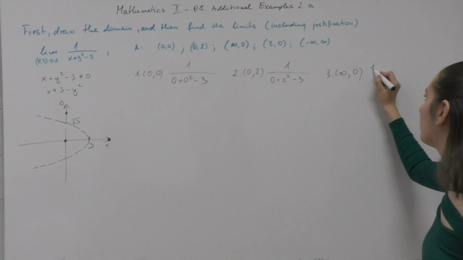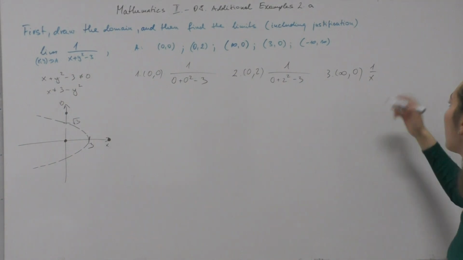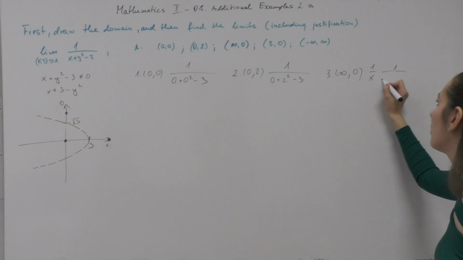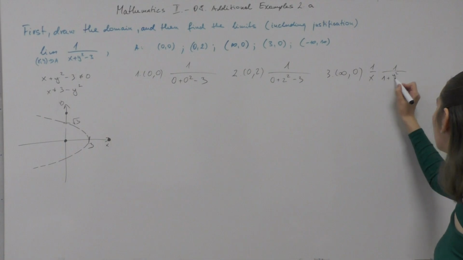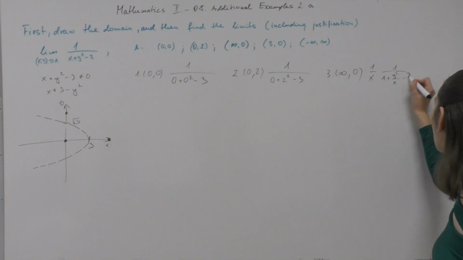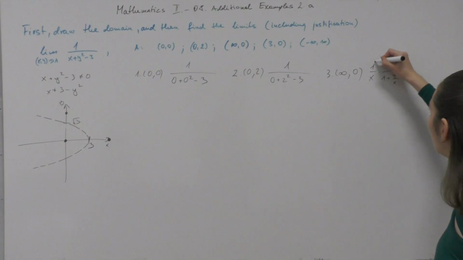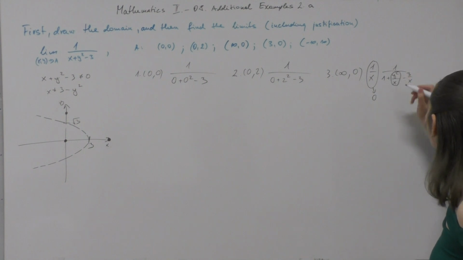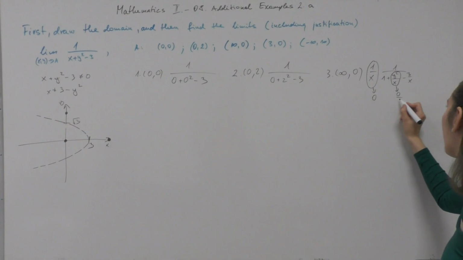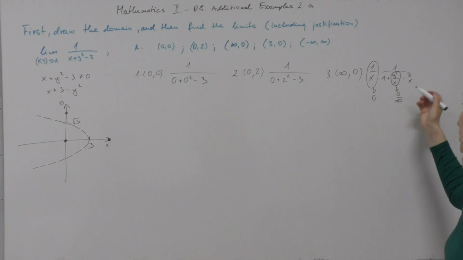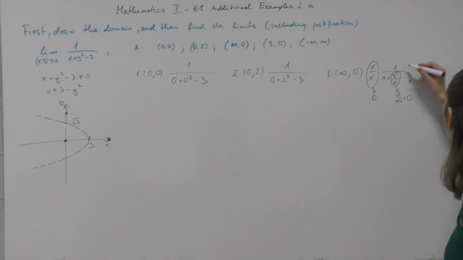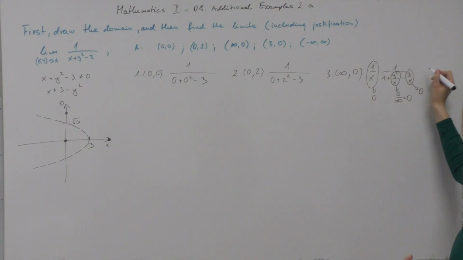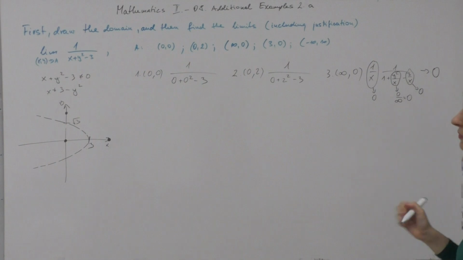Now we can factor out the dominant term in x, and we get 1 over 1 plus y squared over x minus 3 over x, where 1 over x goes to 0, y squared goes to 0, and x goes to infinity. 0 over infinity is 0, and 3 over x goes to 0, so this whole thing goes to 0.